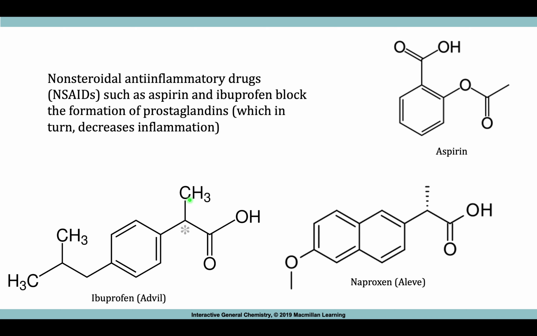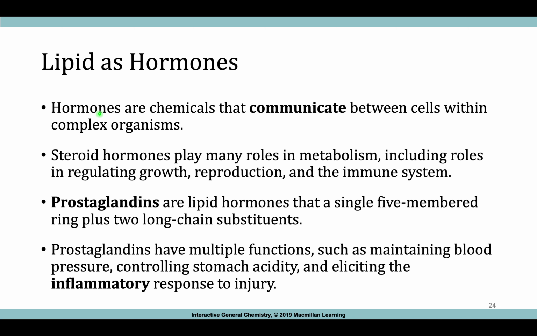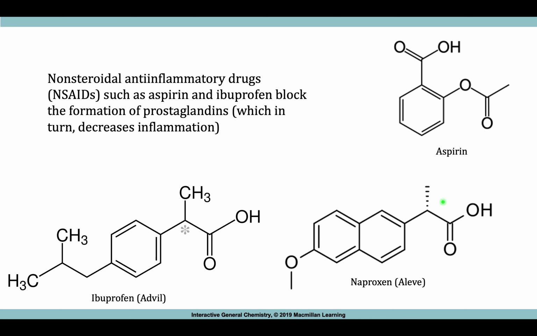These are all compounds that help block the formation of prostaglandins, the ones that are involved in inflammation. So if you can ingest a drug that helps block the formation of these hormones, we help keep the inflammation down when sometimes it gets too high. Our body can go a little bit overboard sometimes with inflammation. So we use these as common drugs to do that.